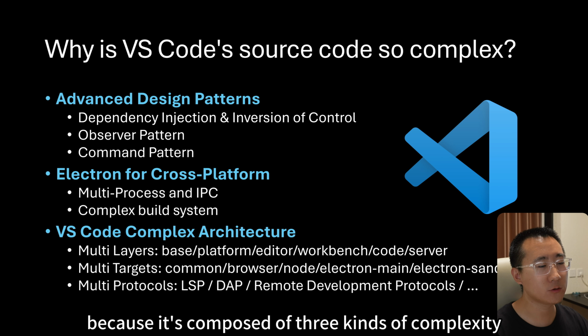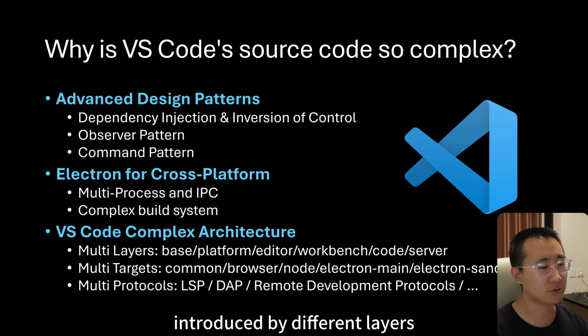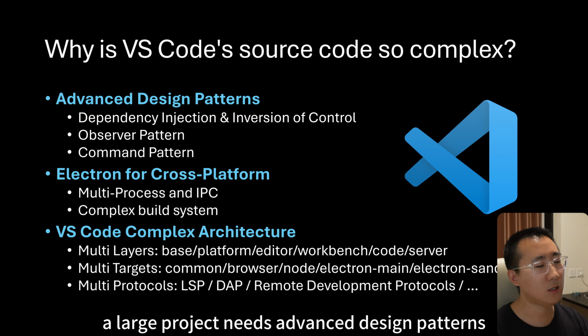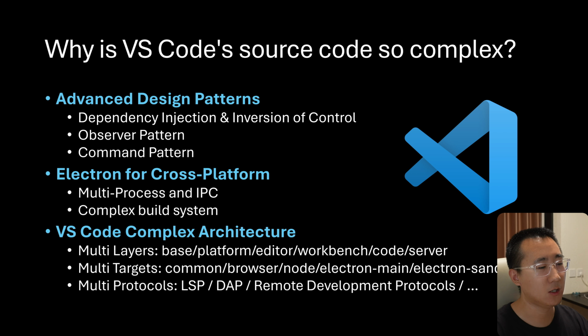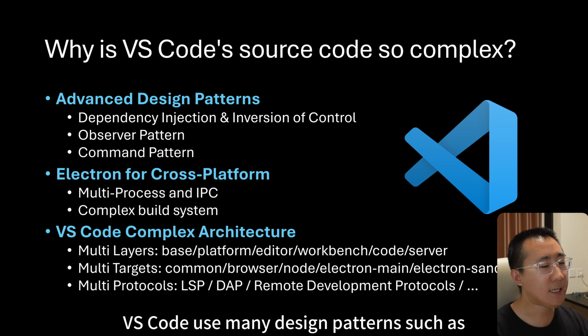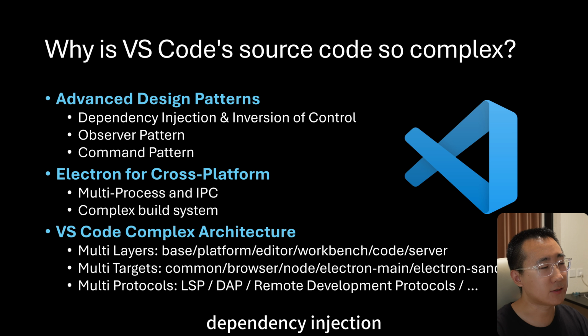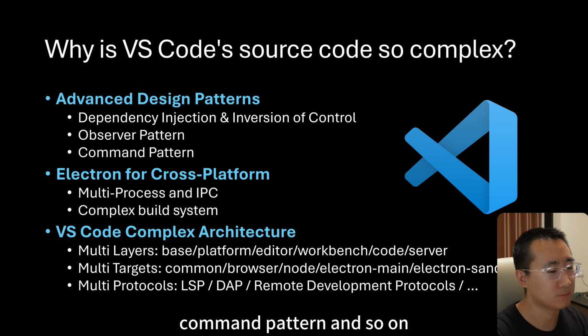Because it's composed of three kinds of complexity introduced by different layers. First of all, a large project needs advanced design patterns to decouple components. VS Code uses many design patterns, such as dependency injection, inversion of control, observer pattern, command pattern, and so on.